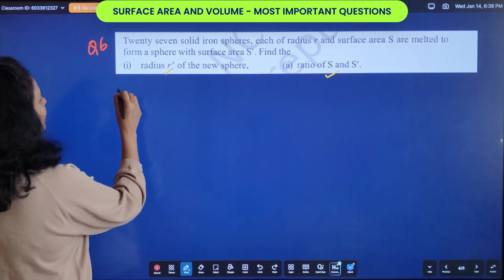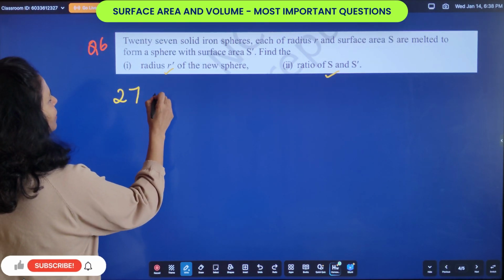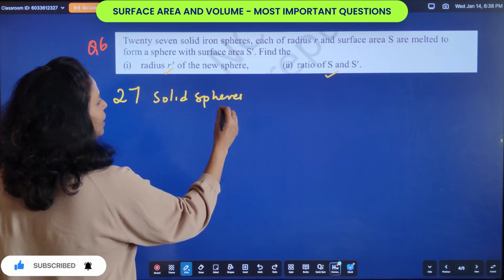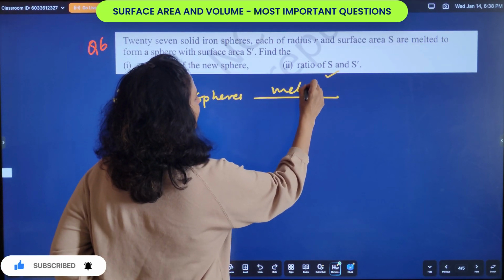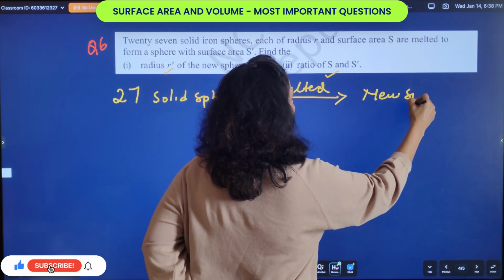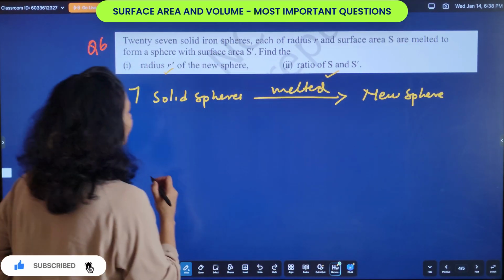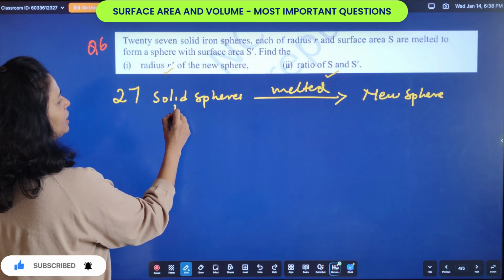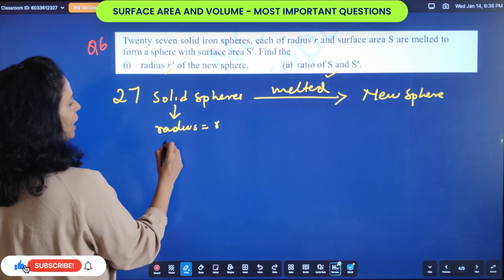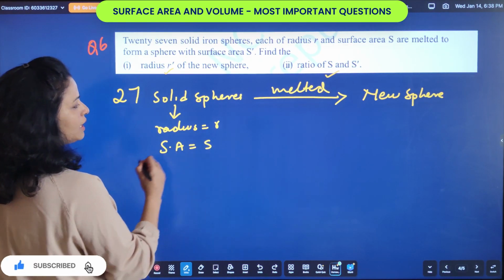Okay, so here we have 27 solid spheres, which are melted to form a new sphere, right? So here solid spheres radius let's be considered as r, and surface area we considered as s.